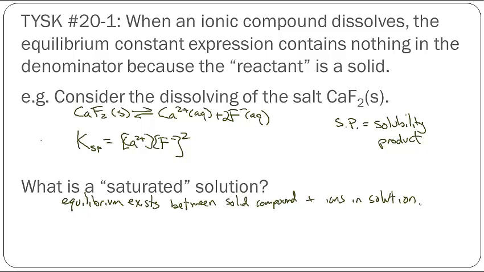Now, if I have a salt that is in equilibrium and I add more solid, so say I have equilibrium of calcium fluoride with Ca2 plus and 2F minus, and I add more calcium fluoride, what's going to happen to my equilibrium? So talk about it at your tables for a few seconds. If I add more calcium fluoride to a system in equilibrium, what's going to happen?